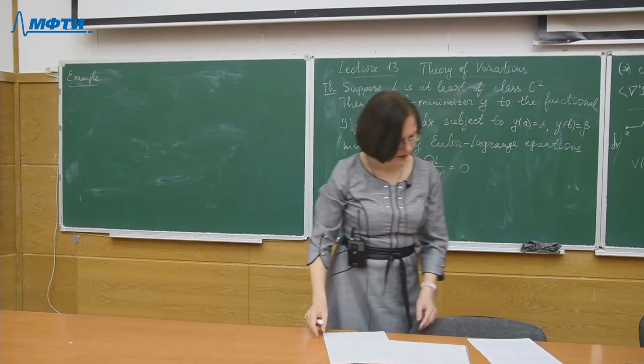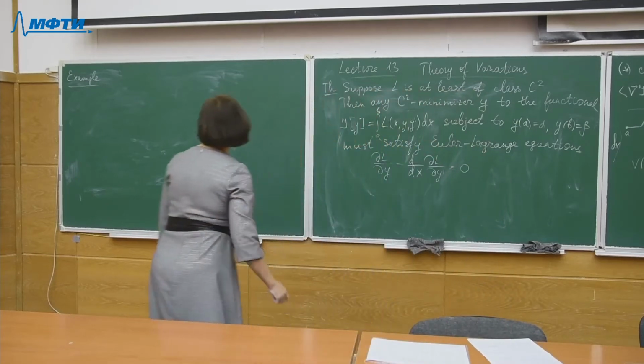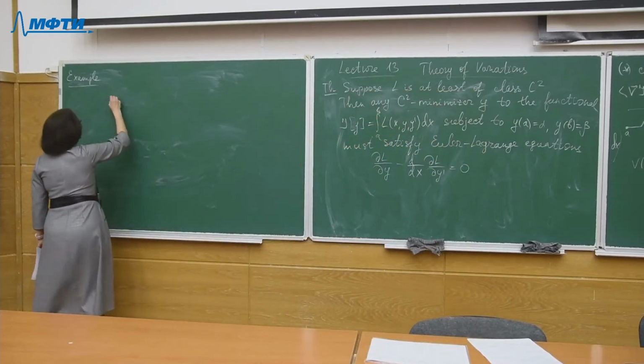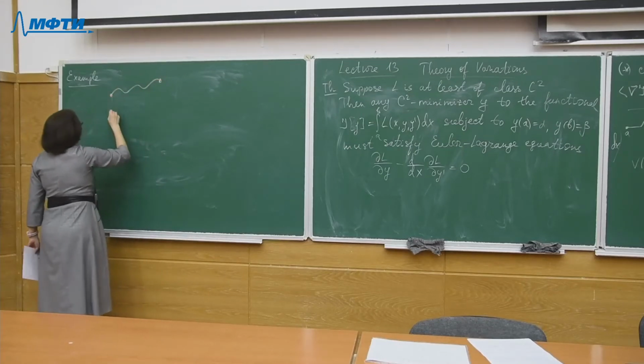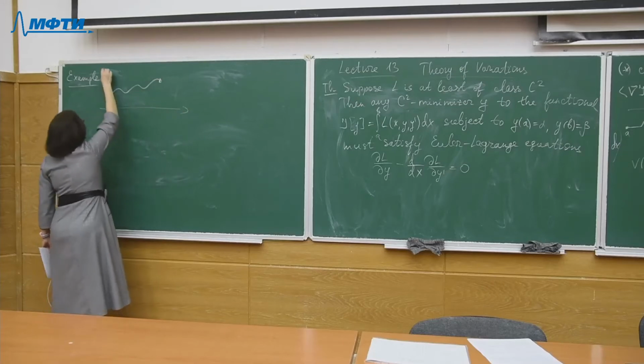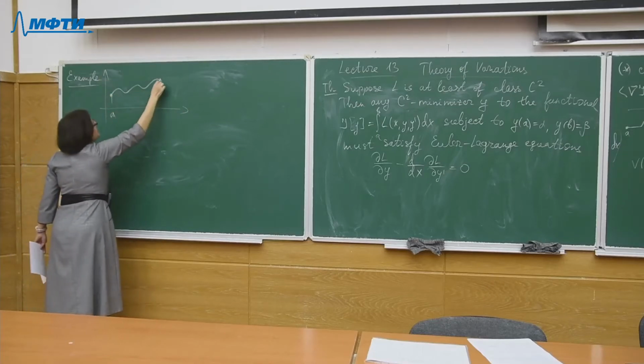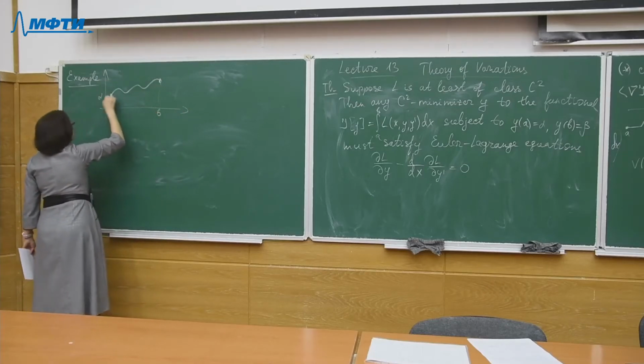Okay, so the minimal curve problem, joining two fixed points. So we fix points A, B, this is alpha and this is beta.